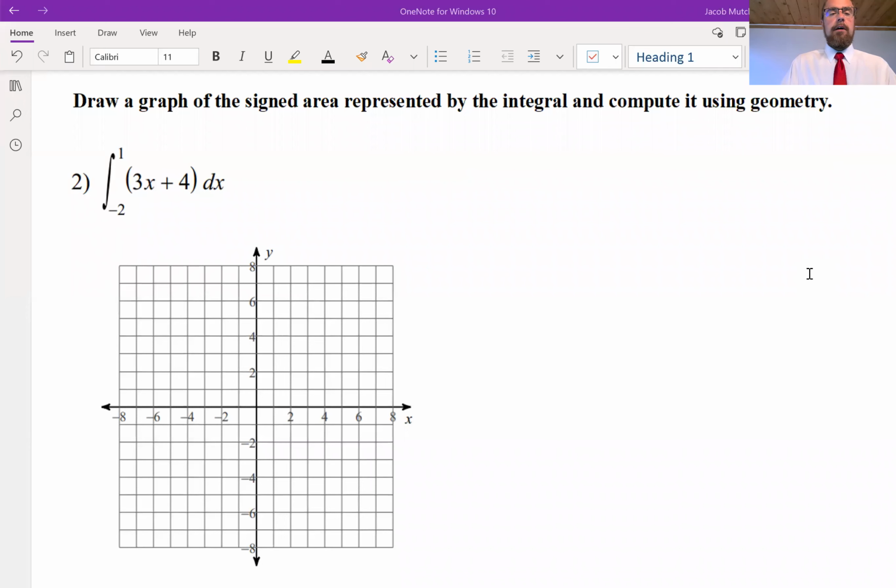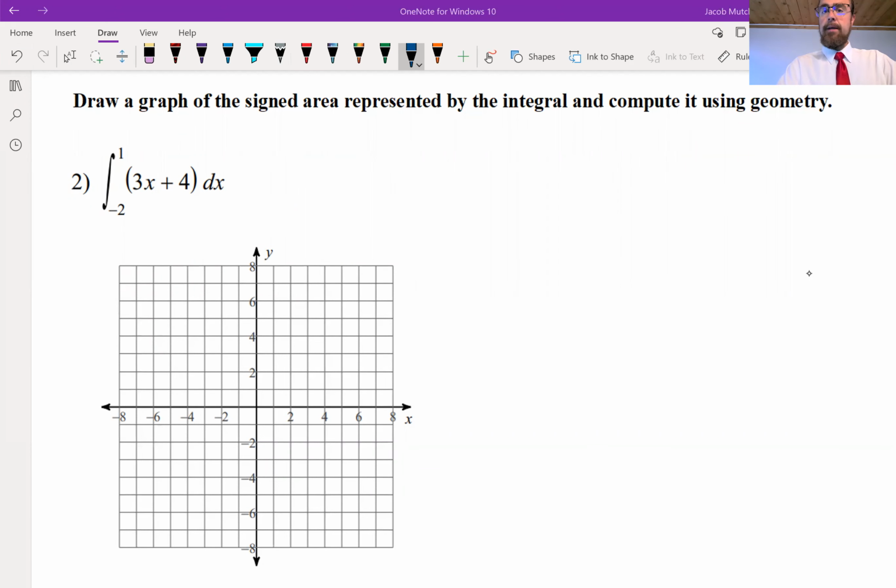So let's graph our function 3x plus 4 over the restricted domain from -2 to 1. That's a linear function with the y-intercept of 4. So we'll plot that y-intercept, and then the slope is 3.